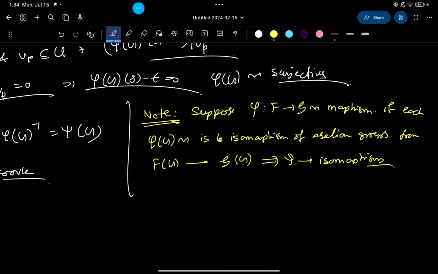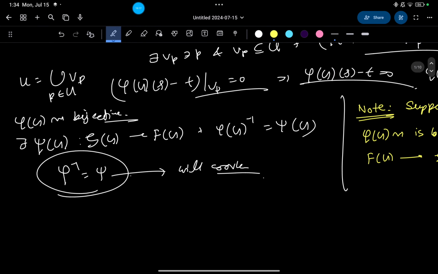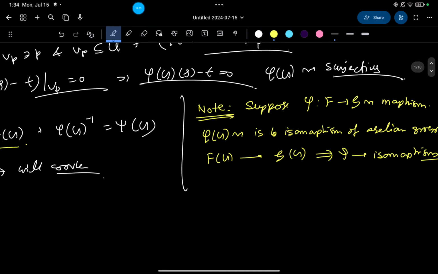In fact, it is easy to check that for every u I will take psi u, and I will show that phi inverse is nothing but psi, and collect all those psi u's, and I will construct psi as well.